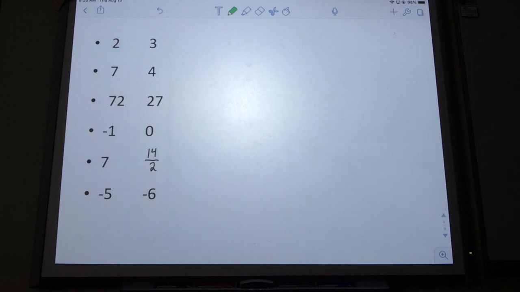So the 3's bigger. So it needs to be eating the 3. The 7 is bigger. So it needs to be eating the 7. 72 or 27? 72. Okay, -1 or 0? 0. Good, because the -1 is less than, or left than, so it is less than.